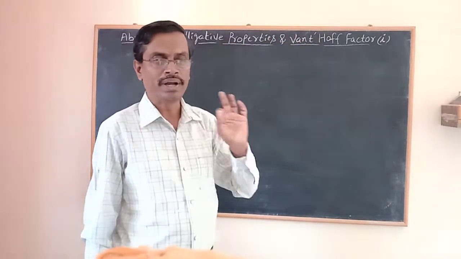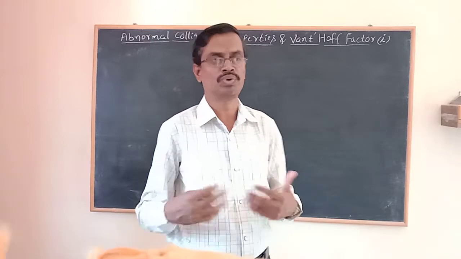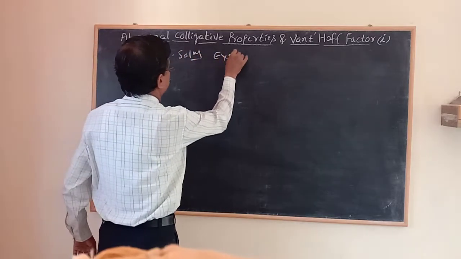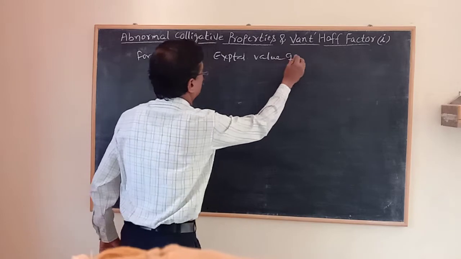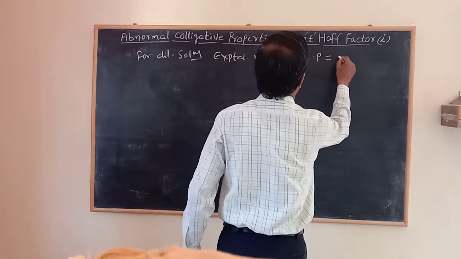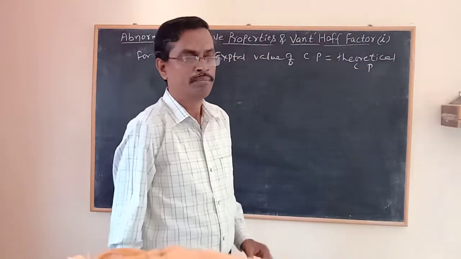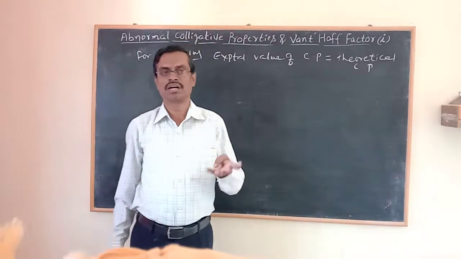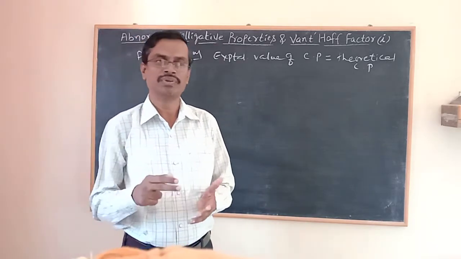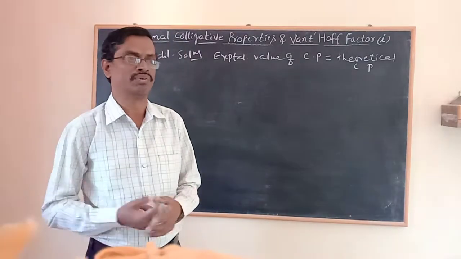For dilute ideal solutions, generally the experimental value of a colligative property and the theoretical value of this colligative property are almost the same. But for solutions of certain substances like salts, acids or bases in water, or acetic acid in benzene or benzoic acid in benzene, the experimental value differs considerably from the calculated value.